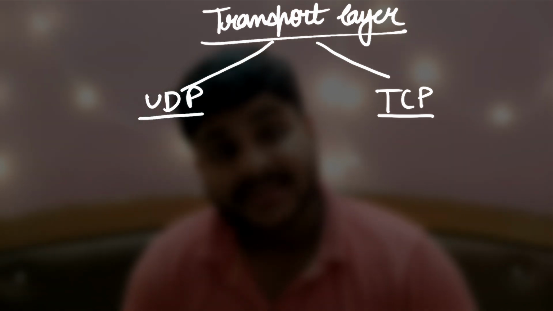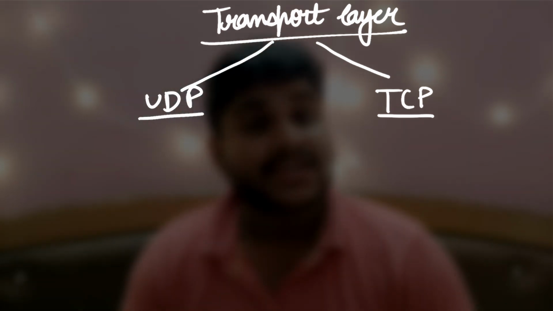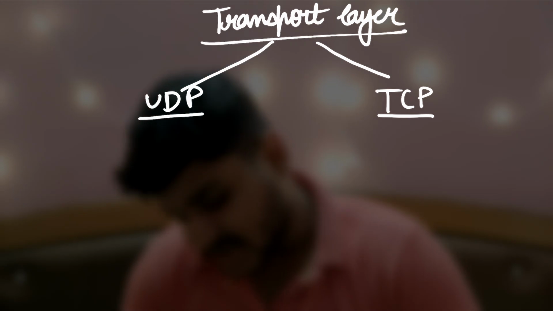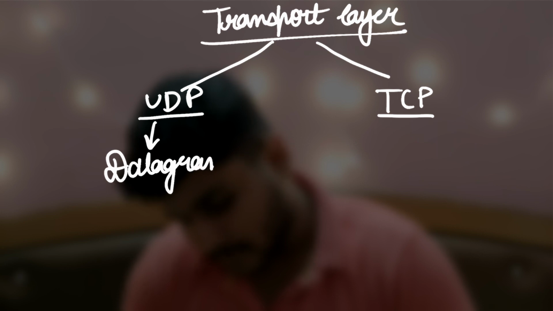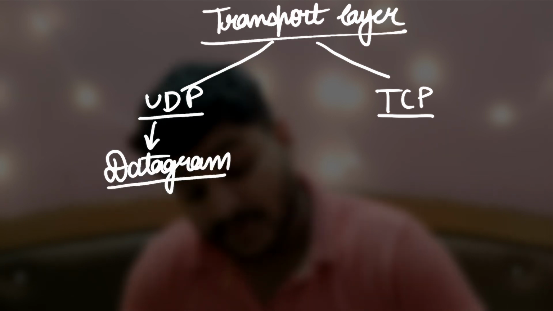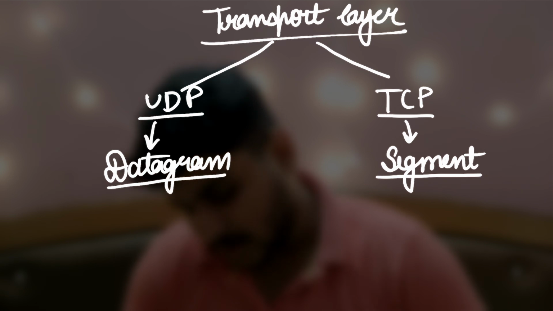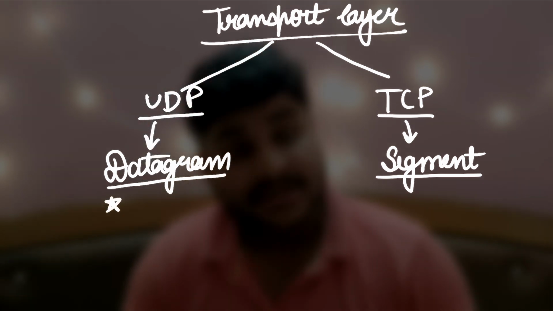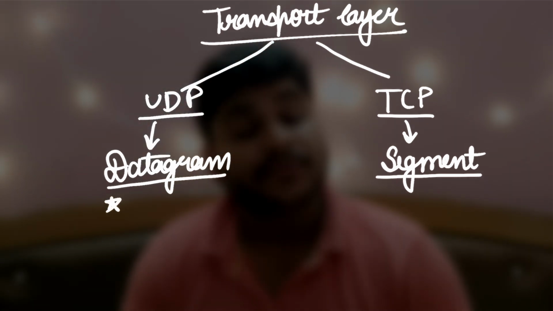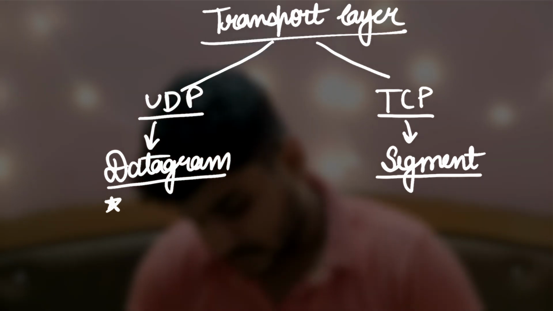So what is the actual difference? Whenever an application is using UDP, the data is known as a datagram. But when we are using TCP, it is known as a segment. The UDP protocol is connectionless, so no connection is built before actually sending the data.